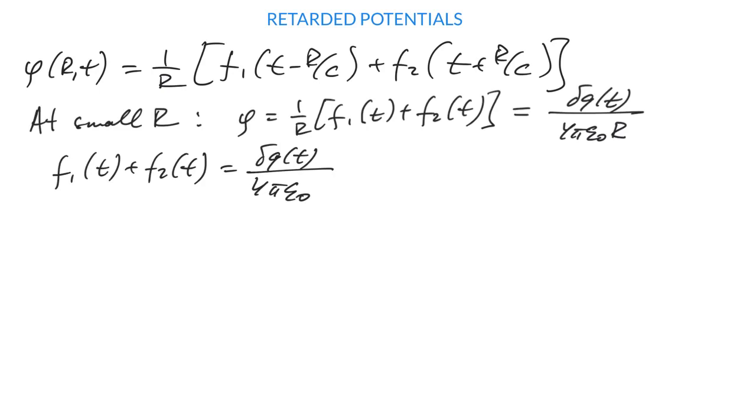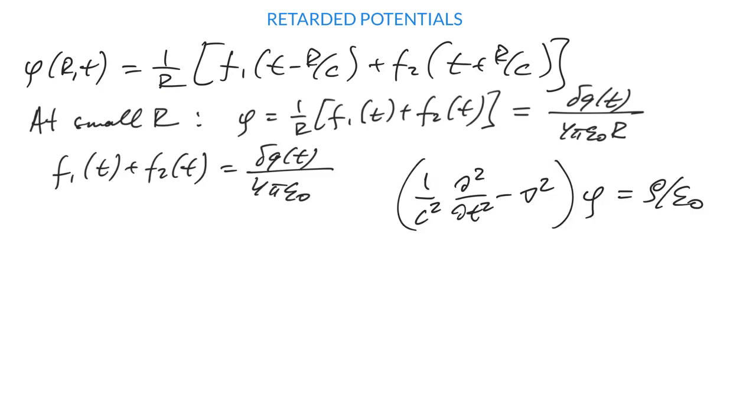Now let's recall the structure of the equation satisfied by φ. It is an inhomogeneous differential equation, and its general solution can be represented as a sum of a particular solution, so some solution that satisfies the equation with the right-hand side, plus a general solution of the homogeneous equation with 0 on the right-hand side.